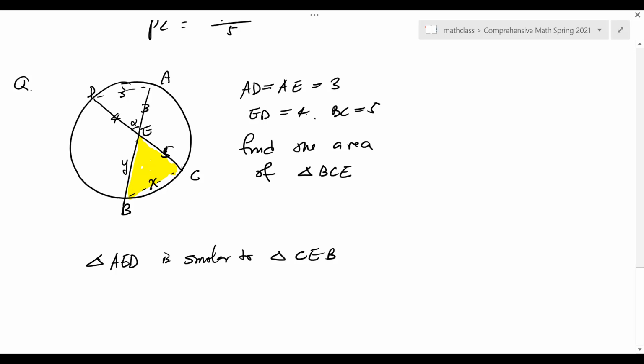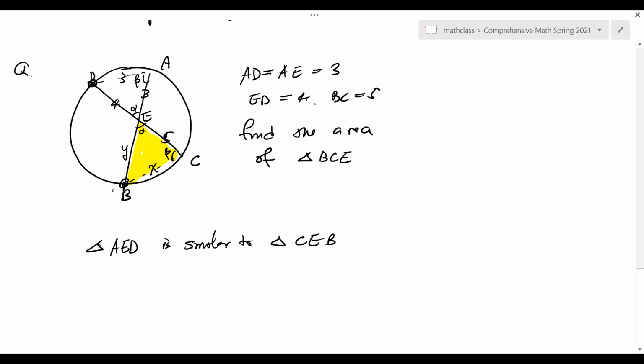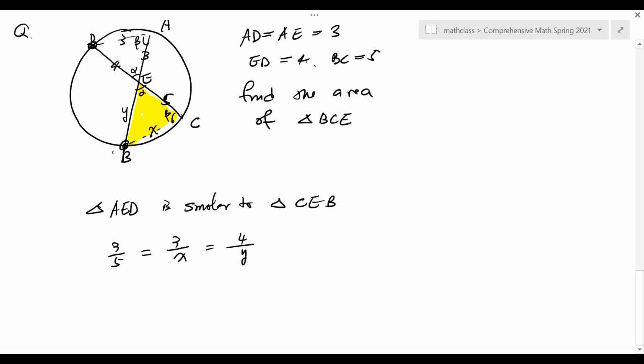If this is alpha, that's alpha, and if this is beta, the other one is beta, because DAB and DCB have the same foot points. So that's why they're similar. When they're similar, I have all these identities: 3 over 5 equals 3 over X equals 4 over Y.